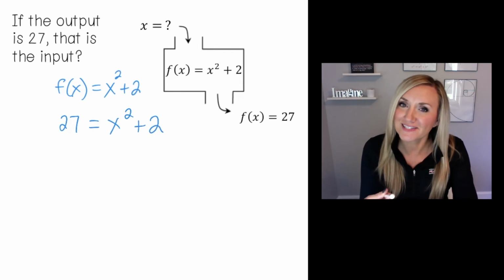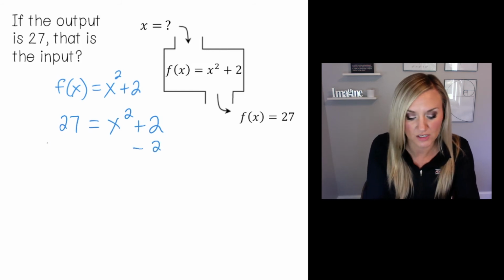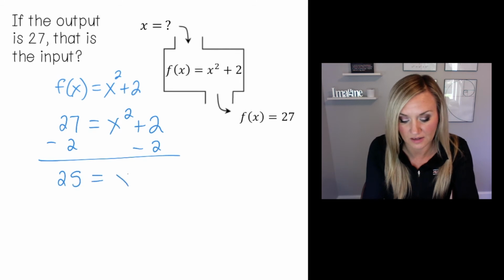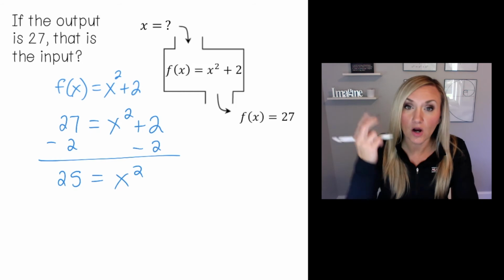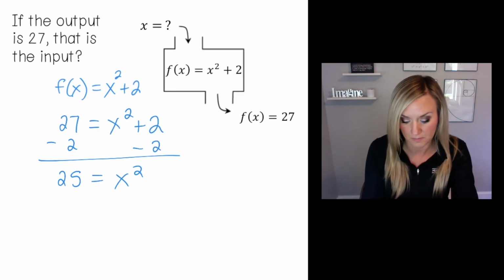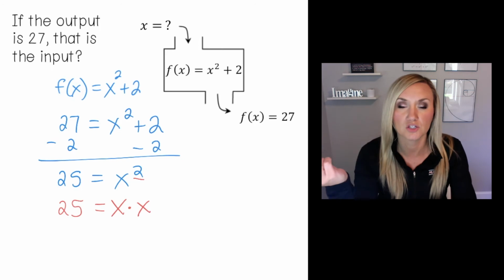So now we're going to solve and get x squared all by itself. That means we're going to subtract 2 from both sides. And we have 25 equals x squared. What that means is that there are two numbers that are the exact same number, right? x times x, because there are two of them. If I multiply them together, I will get 25.